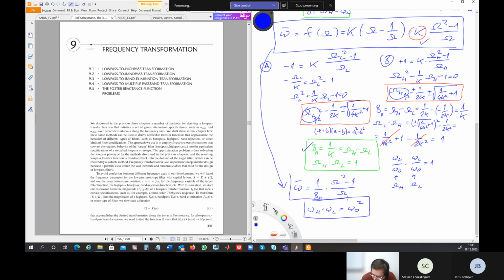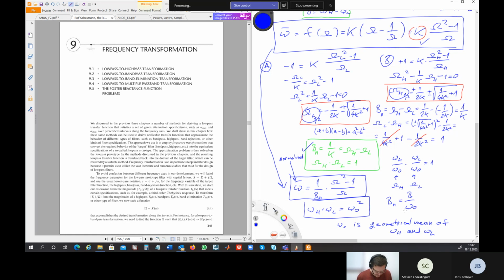So these are two very important expressions. Of course, you always remember that this is normalized. Okay, now omega 0 is the geometrical mean of omega h and omega L. And also we remember that Bn is normalized bandwidth, which is B over omega 0.